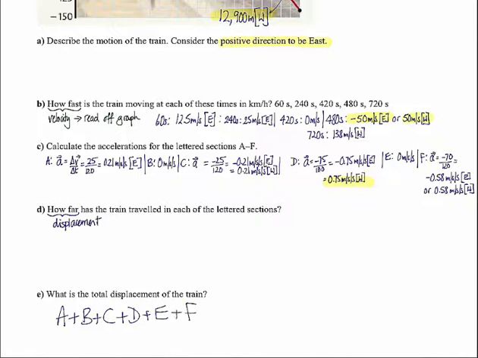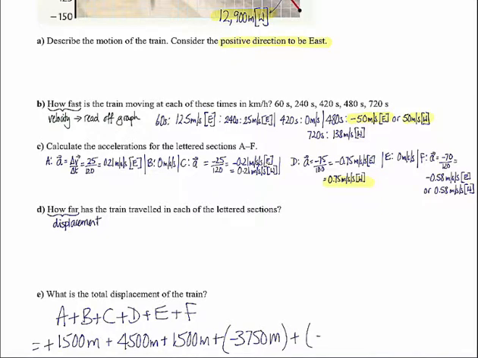If we look at that, we've got positive 1500 meters for section A, plus 4500 meters for section B, plus 1500 meters for section C. And then we've got negatives: negative 3750 meters, and then negative 6000 meters, and negative 12,900 meters.